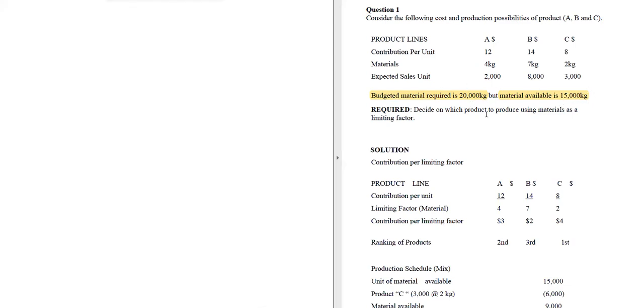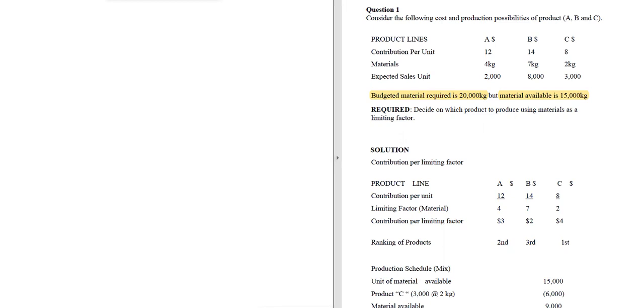That tells us that material kgs are the limiting factor. It is telling us to decide which product to produce using materials as the limiting factor.